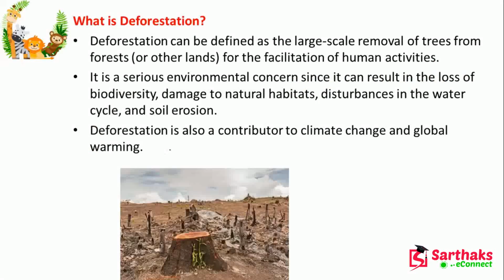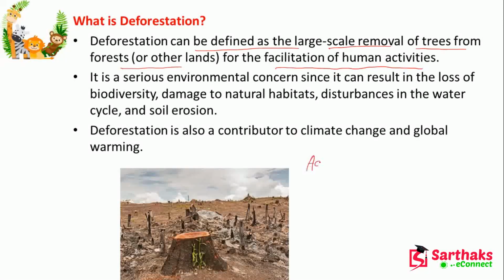Okay. Now, what is deforestation? Here we are cutting these trees. So deforestation can be defined as the large scale removal of trees from forests for the facilitation of human activities.